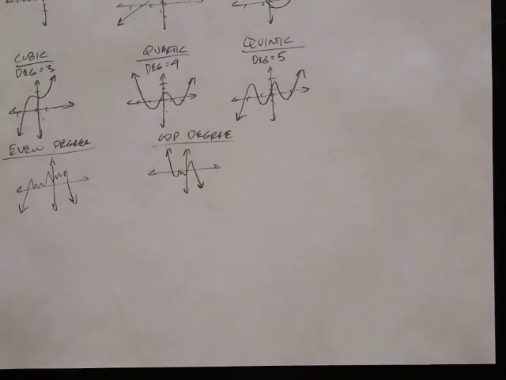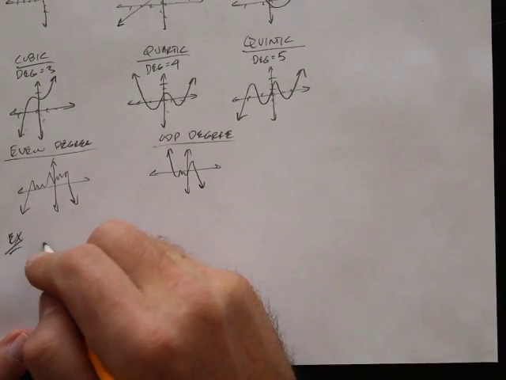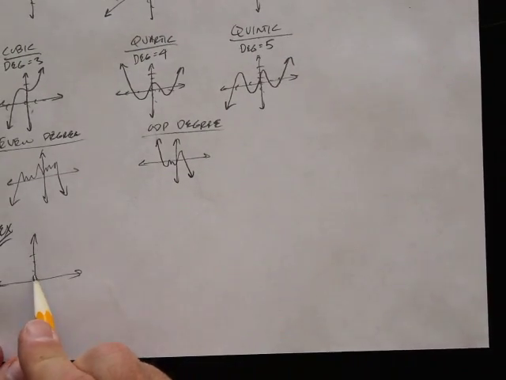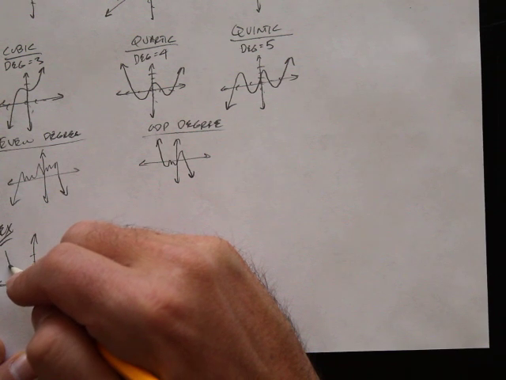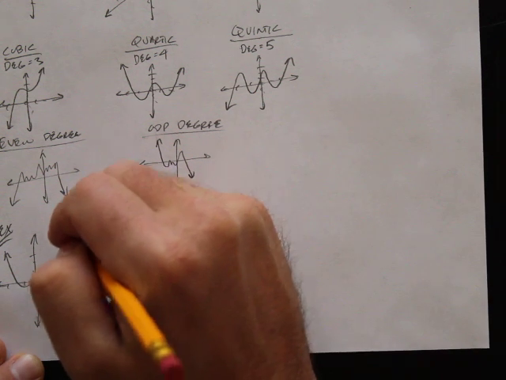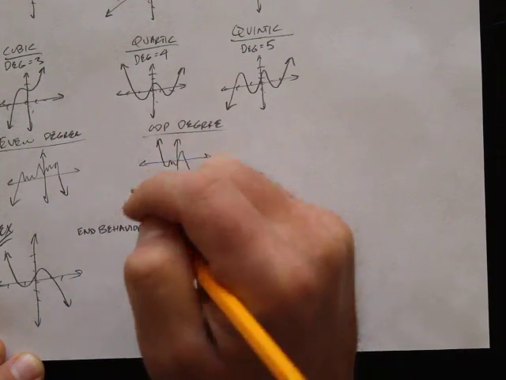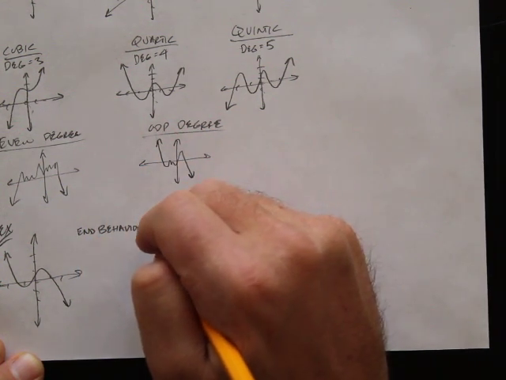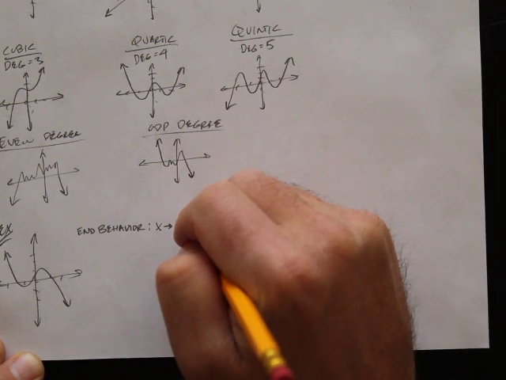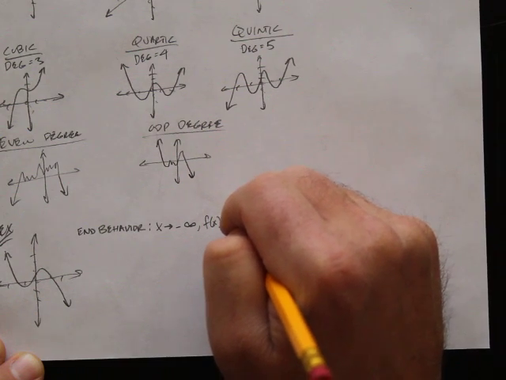All right. Now, here's an example. So if I have a graph that looks like this, coming from up here, down, up, down. We're going to talk about end behavior. And we're going to say when x goes to negative infinity, f of x goes to infinity.